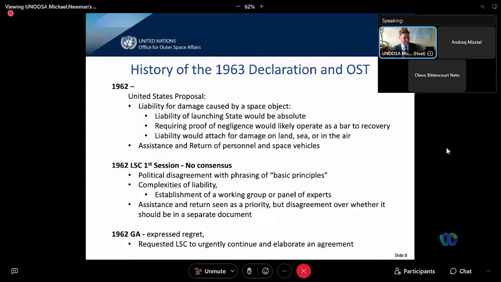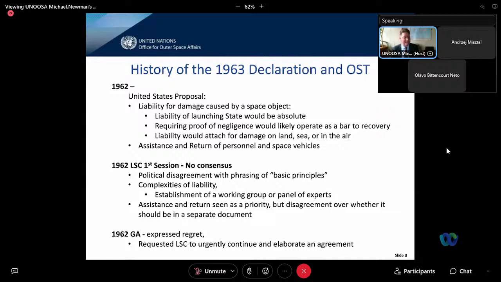And of course, assistance and return was seen as a priority. Assistance to astronauts and return of space objects was seen as a priority. But again, whether it should be a separate document, or how it could be incorporated into a basic principles document, was a question.